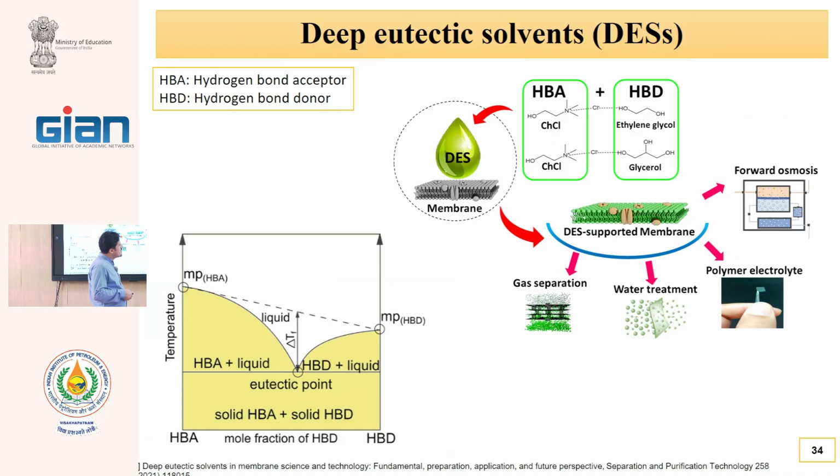It is fabricated, for example, from urea and glycerol. Urea is solid, and this compound is also solid. We have a donor and acceptor, hydrogen bonding, like hydrogen bond acceptor and hydrogen bond donor.